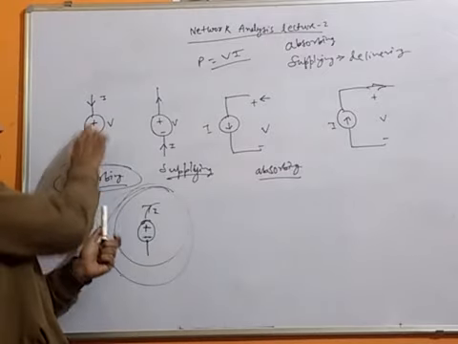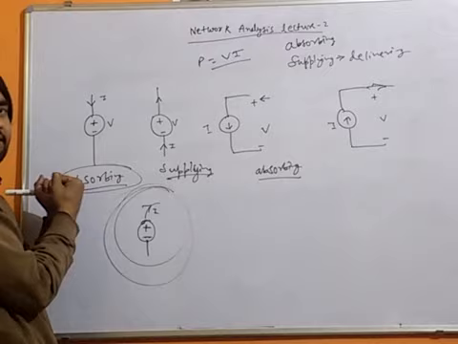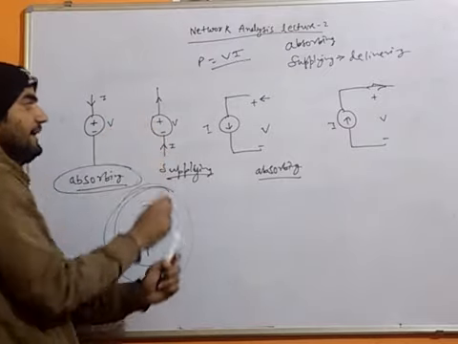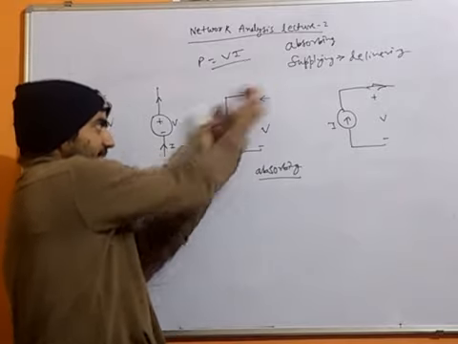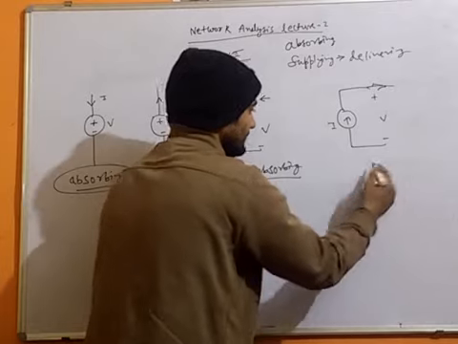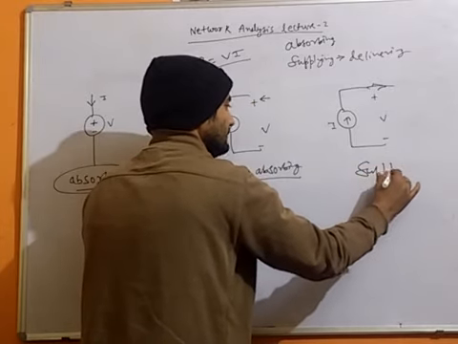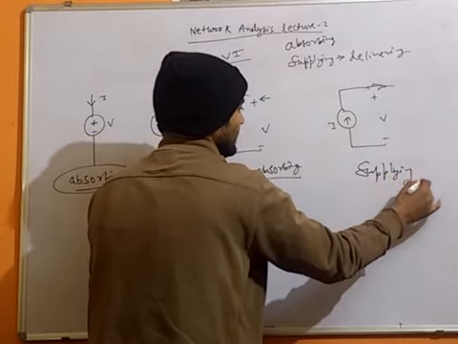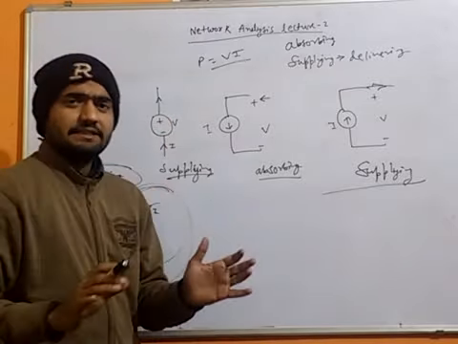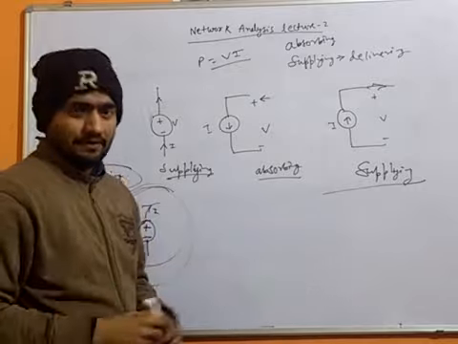From the positive side no current is supplied, instead it is taken, so it is absorbing. From the positive side current is supplied, so it is supplying. From the positive side current is taken, so it is absorbing. From the positive side current is supplied, so it is supplying. So overall, this is the arrangement of supplying power and absorbing power. I don't think there will be any confusion about it.